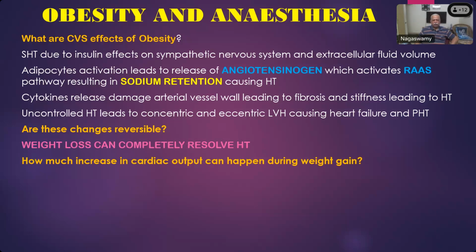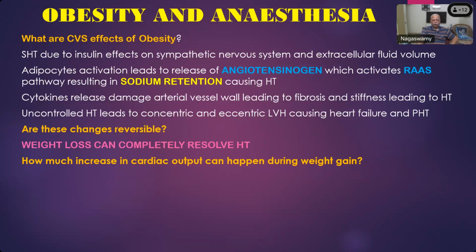How much increase in cardiac output can happen during weight gain? When you keep on putting more and more weight, for every kg increase in weight, how much will the cardiac output increase? This may be an OSCE question. Just make a guess.